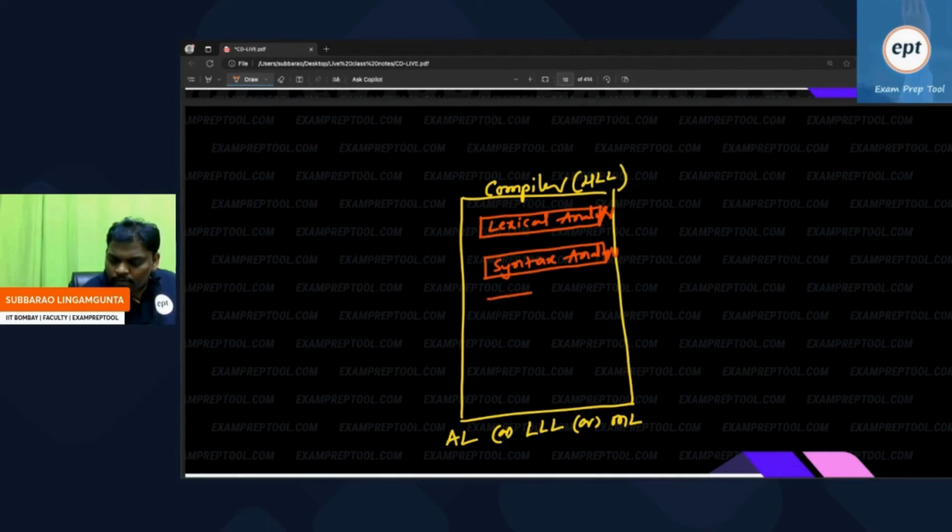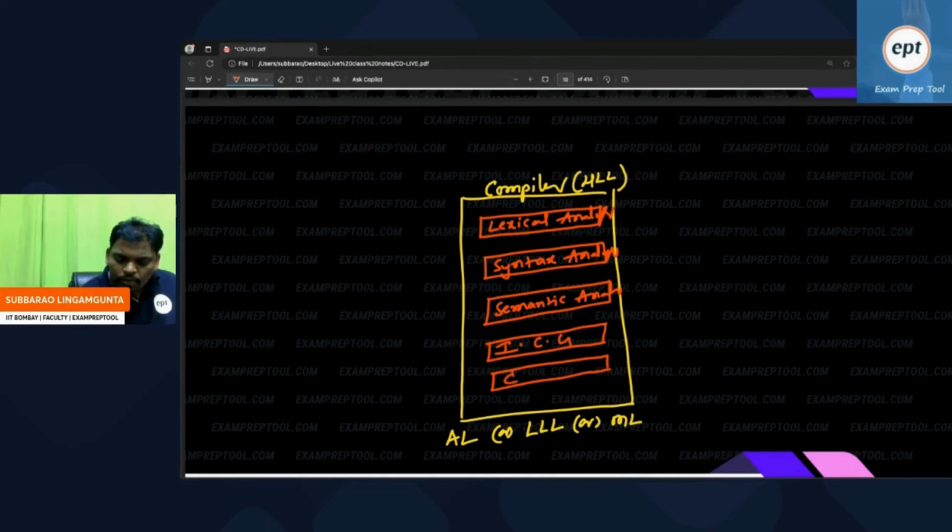Third one is semantic analyzer. Fourth one is intermediate code generator. Next one is code optimization. Lastly, target code generator.